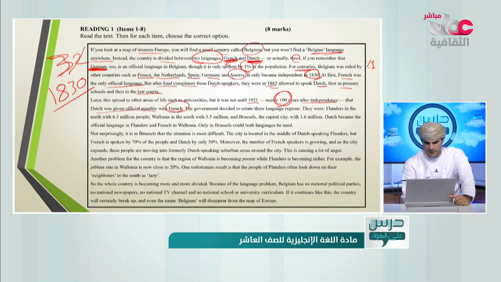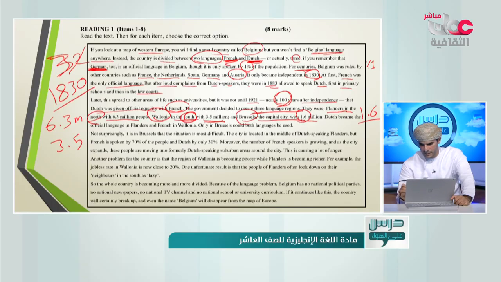The government decided to create three language regions. They were Flanders in the north with 6.3 million people, Wallonia in the south with 3.5 million, and Brussels, the capital city, with 1.6 million. 1.6 million.